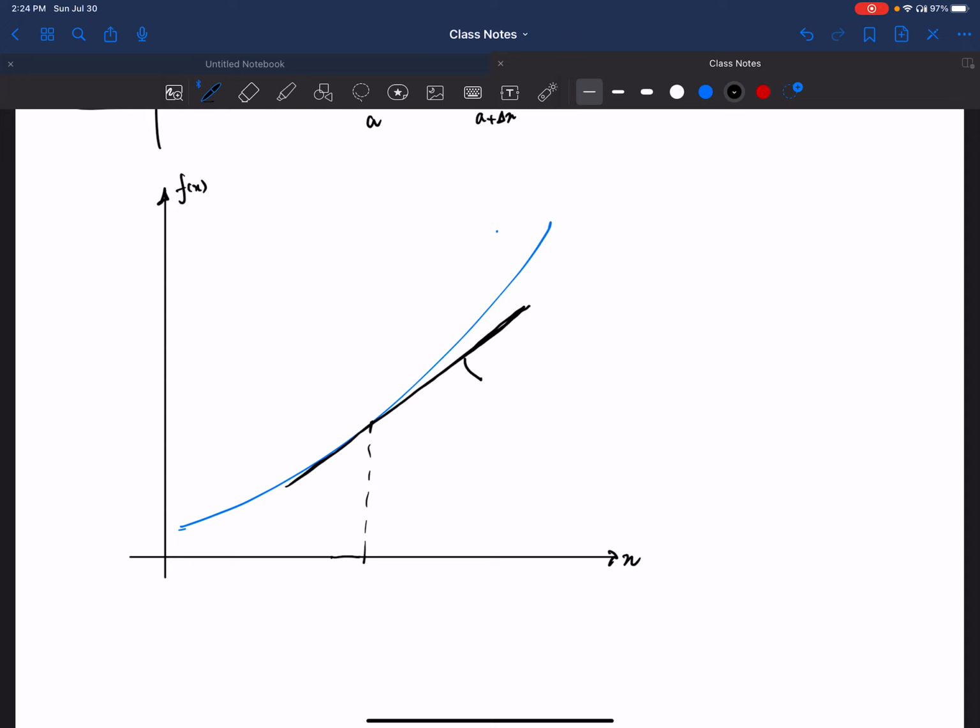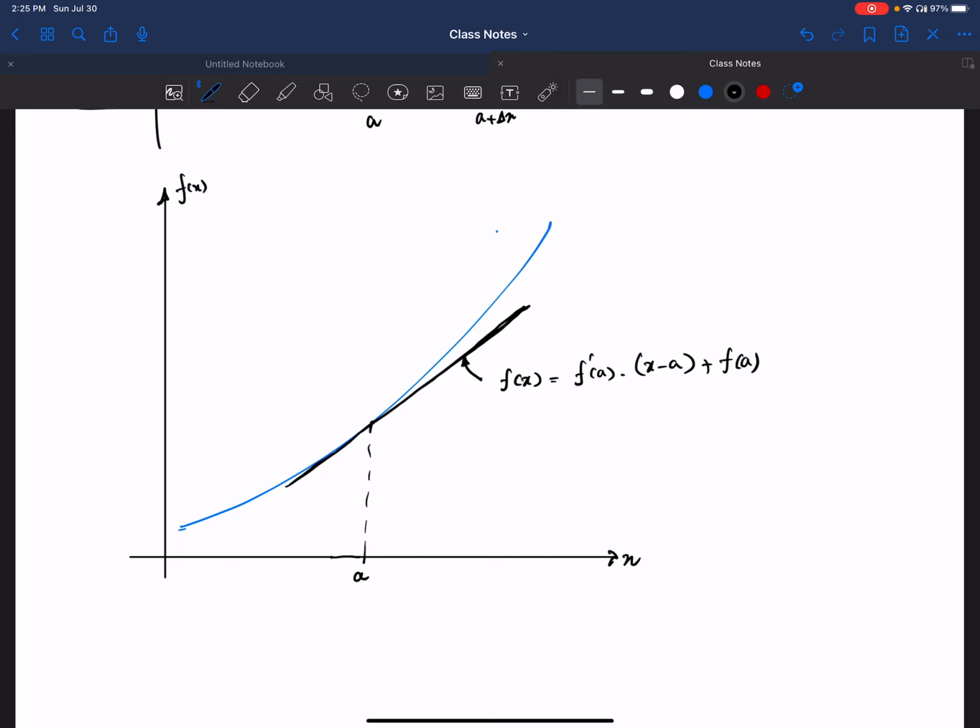The function of the tangent line is f of x equals f prime of a times (x minus a) plus f of a. That's the function of the tangent line.